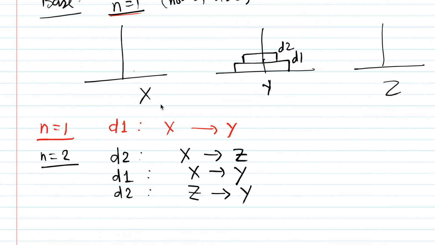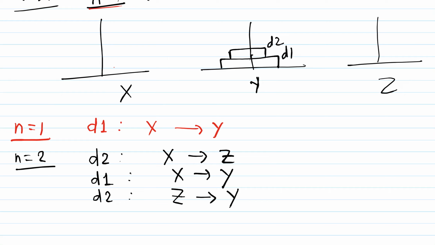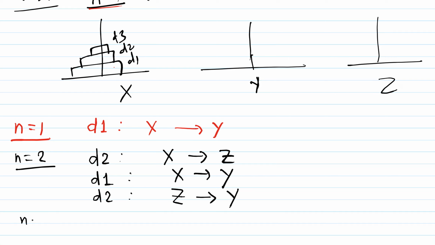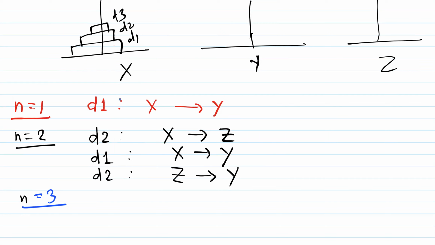Now let's take a bigger example. Now let's take n equal to 3. D1, D2, D3. So first we will take D3 from X to Y. So D3 is here.